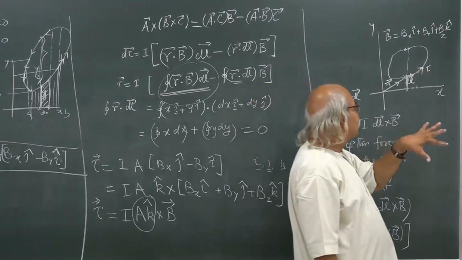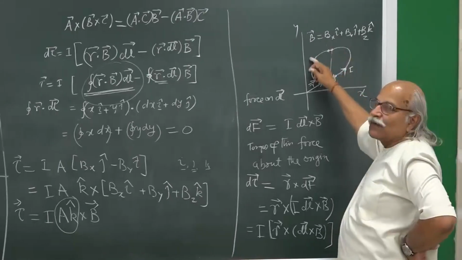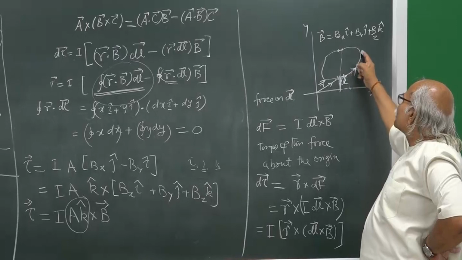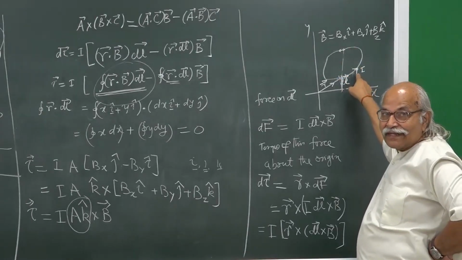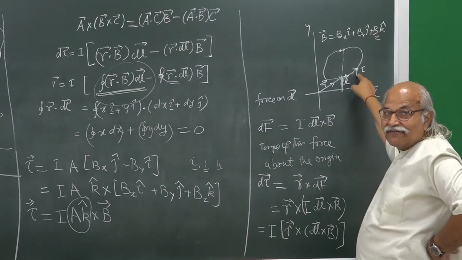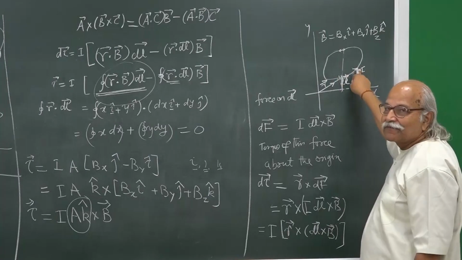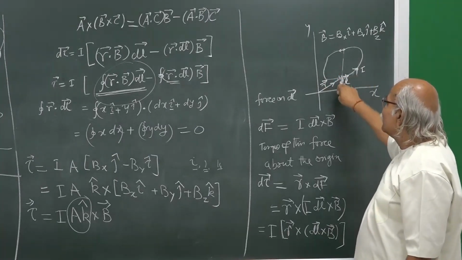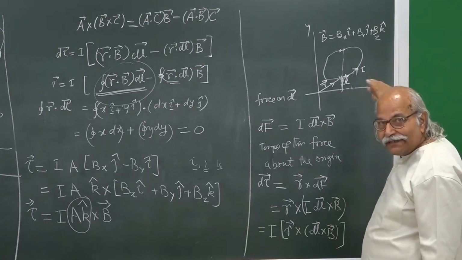Seeing from this side, it is anti-clockwise. This arrow tells me that you have to traverse this loop in the anti-clockwise direction, and then the area vector is towards me. If the arrow is opposite and it looks clockwise to me, then the area vector will go away from me, that means into the board.